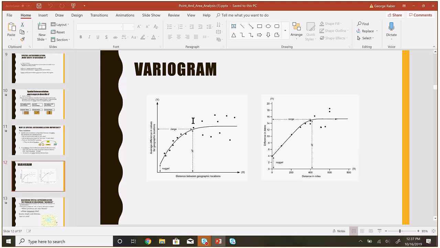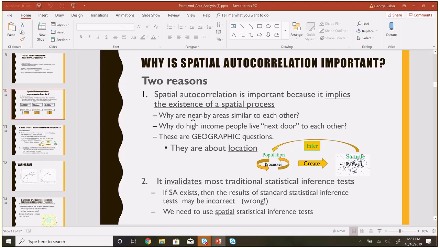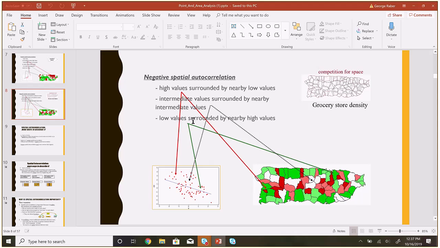All right, we already talked about just the raw scatter plot, but you'll also see that when spatial autocorrelation is performed, they'll sometimes report something called a variogram. Now, this is a little bit different than the scatter plot that I showed here.